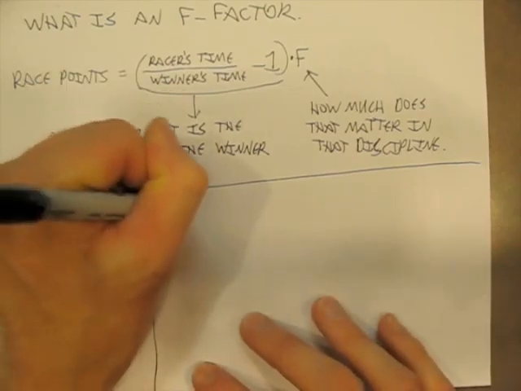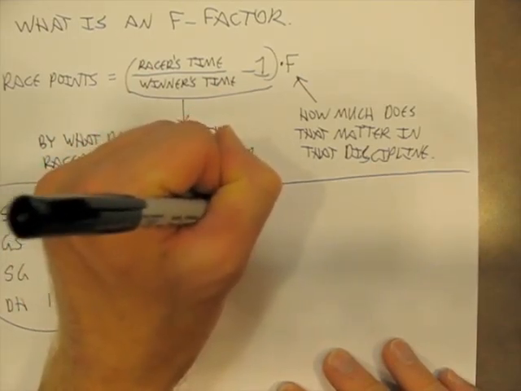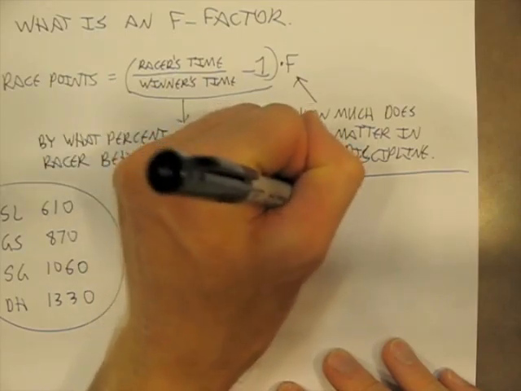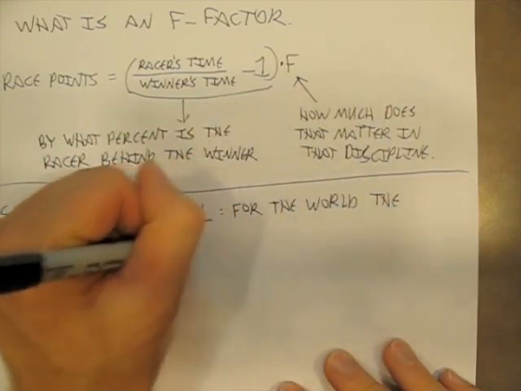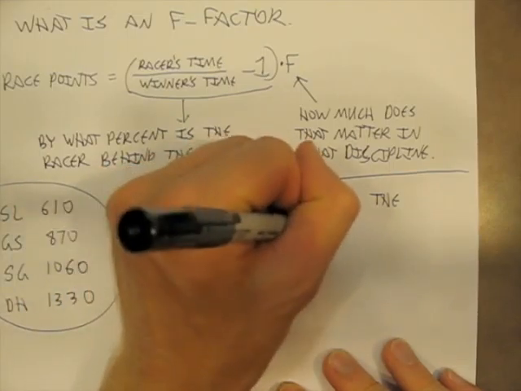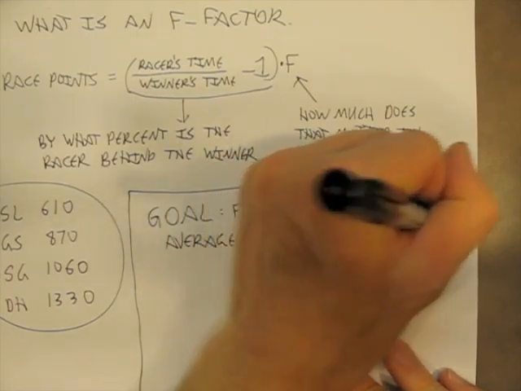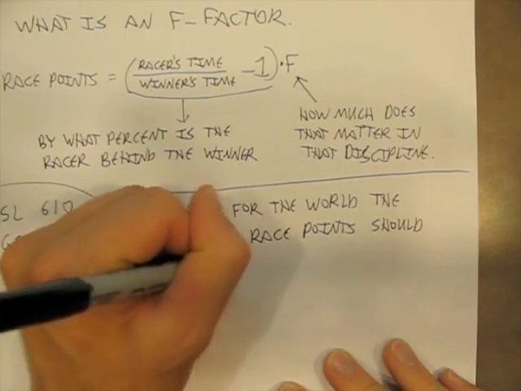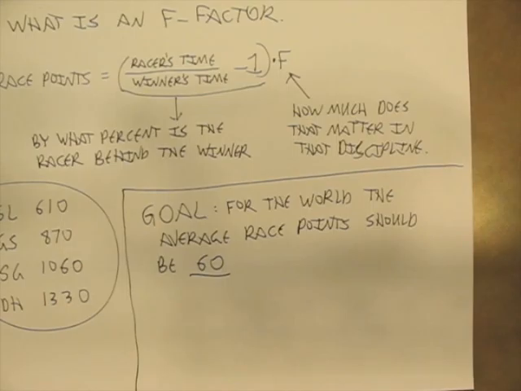So we're going to start with a goal. And that goal is that the goal that they have set in calculating F is that for the world, the average race points should be 60.